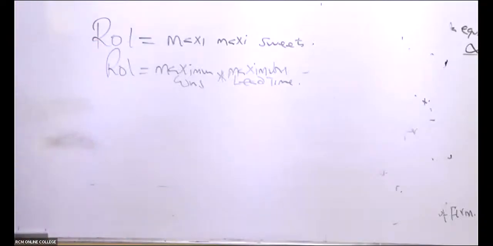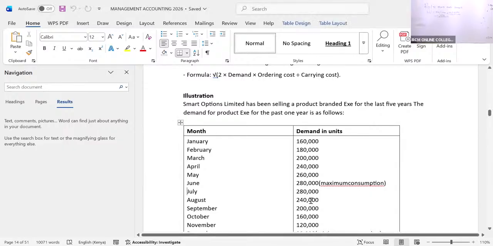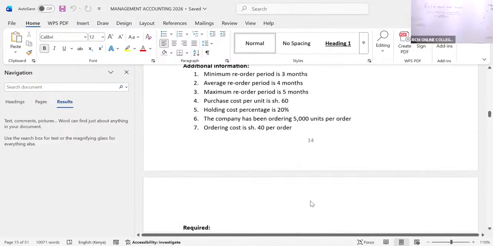So from the question that we are having here, I can clearly see that out of these demands, consumption comes from demand. Maximum consumption is 280,000. And then in the additional information, we can evidently see the maximum lead time, which is what there? 5 months, isn't it? 5 months.